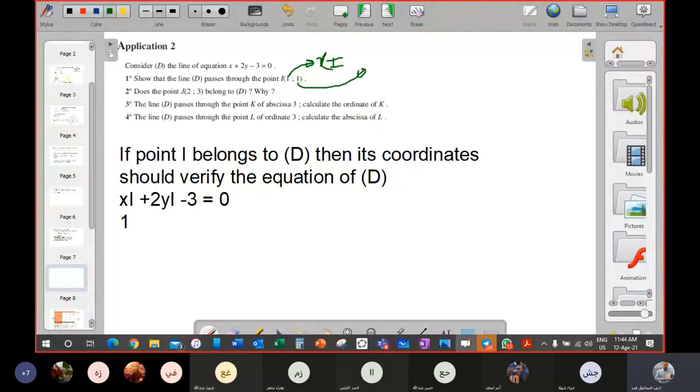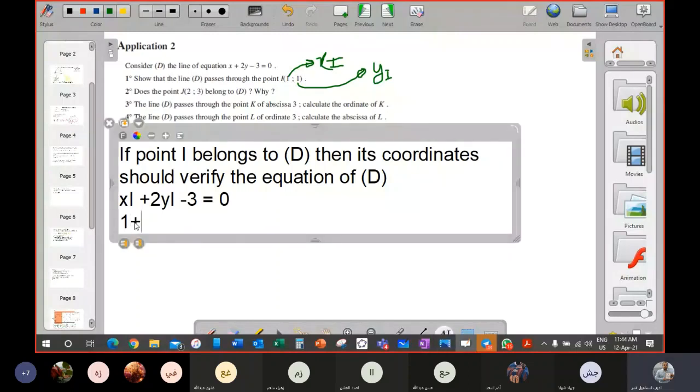It is yi, the ordinate of I. So instead of x we put xi, and instead of y we put yi, and we check. xi is equal to 1, plus 2 into yi, which is also 1, minus 3 equals 0.